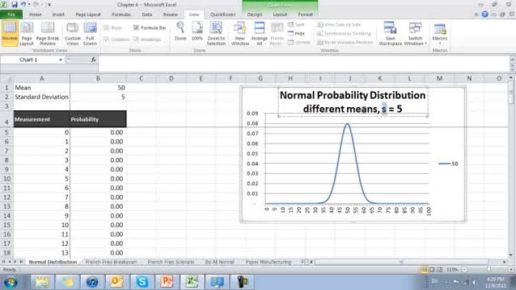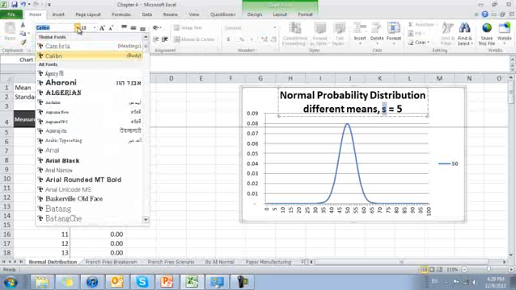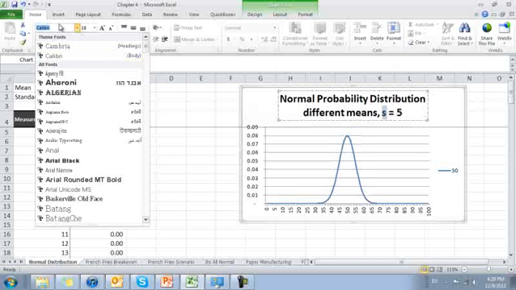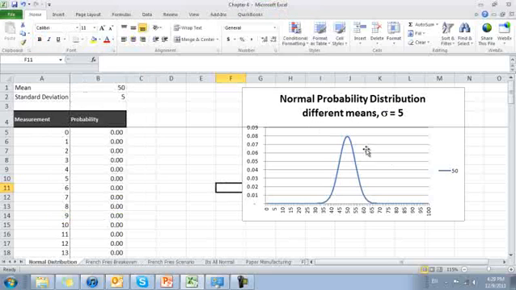Now to get that sigma to say sigma, I just typed in S, but when I go to Home, I'm going to change this font type to Symbol, SYM, and there we have a nice little sigma. So there it is, the normal probability distribution at the mean of 50, giving a standard deviation of 5.